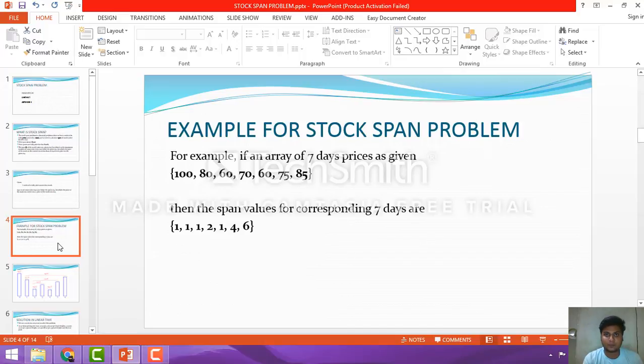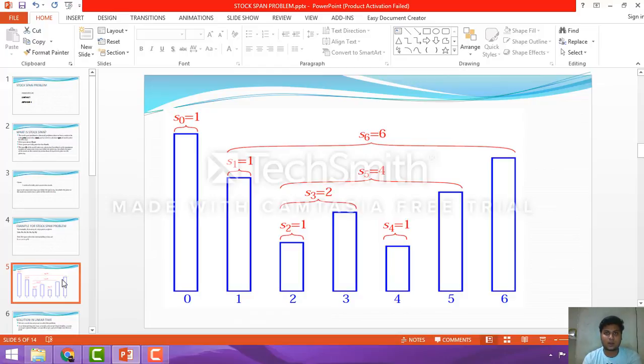The day 2 price is 80 and day 3 is 60, and we compare day 2 with day 3. The day 2 value is 80 and the day 3 value is 60. So the array index of day 2 is 1 and the array index of day 3 is 2. We subtract: 2 minus 1 equals 1. Then we get S2 equal to 1.